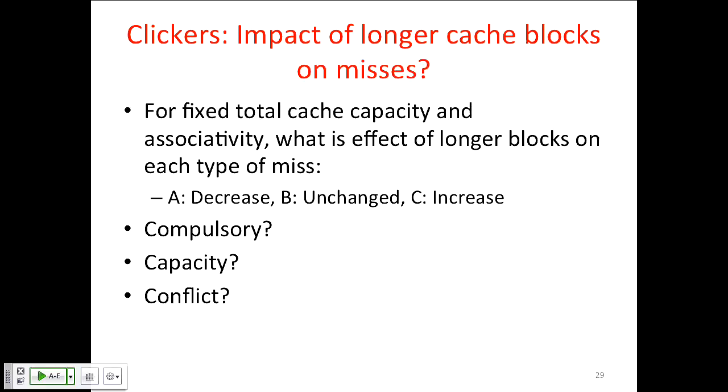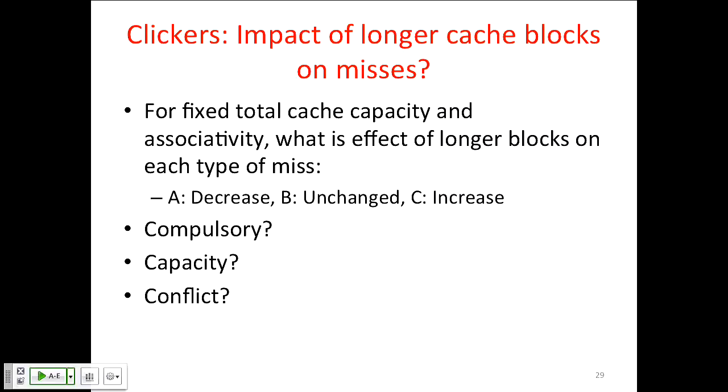Strictly on capacity misses, there won't be a change. But for things that are limited by capacity, you might get a slight improvement, because if you're getting capacity misses, you have to reload stuff, and when you reload it, the longer blocks may help you cut the miss rate. But the right answer for an exam is the capacity misses are unchanged. In practice, it might actually go down, but the right answer is unchanged.